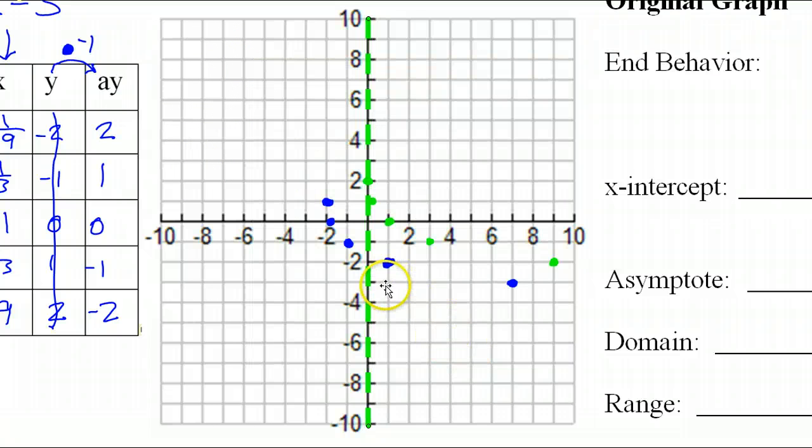Alright, so there's my asymptote, but I am going to bring it over to the left 2, like I said. Alright, there's the asymptote. Now all that's left is to draw this curve as best we can. Now you see that it's approaching the asymptote like this. So by the time we get up here, it's going to appear to just trace the asymptote, even though we know that it doesn't really touch.